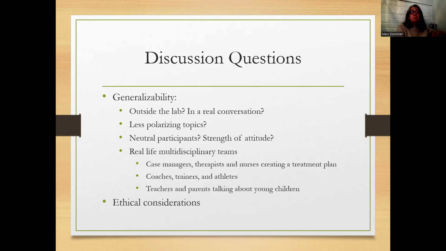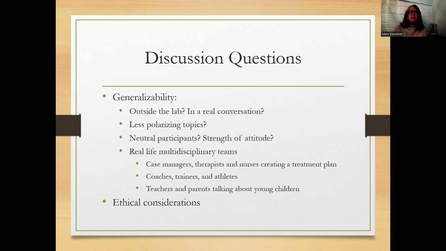How about coaches and trainers and athletes all talking about the best training plan for a particular athlete or for a particular team? Again, in real conversations outside the lab, with these three different people who have different points of view, do you think opposed framing would really have that big of an impact?